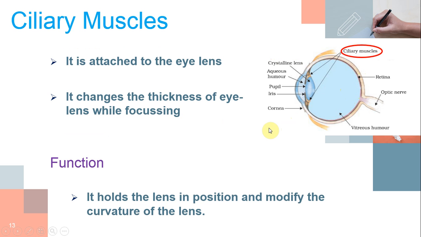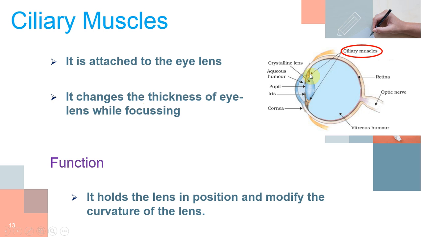And the important part is the ciliary muscles. It is attached to the eye lens. That means it is connected to the suspensory ligament and the suspensory ligament is connected to the eye lens. It changes the thickness of the eye lens while focusing. It may contract or relax.